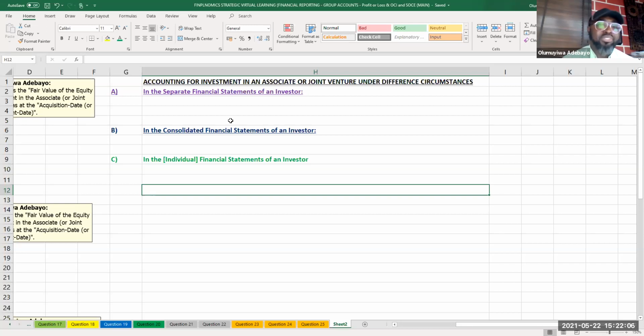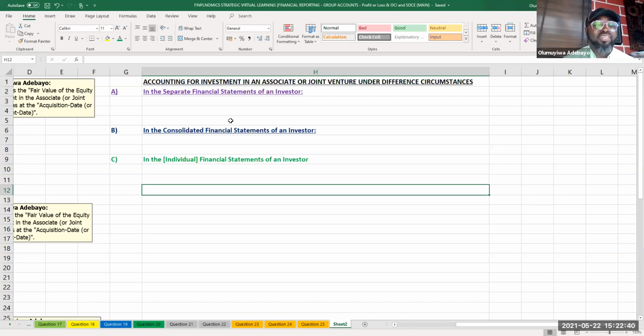Better put, if you're a parent entity that has a subsidiary and you consolidate the account of the subsidiary, which means you have a group account, you having your own financial statements separate from the group account is what we call the separate financial statement, separate from the consolidated.